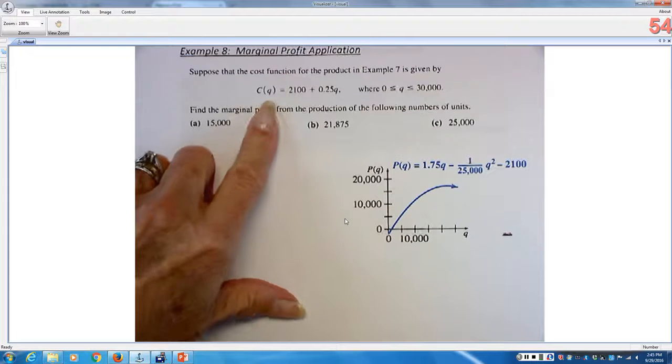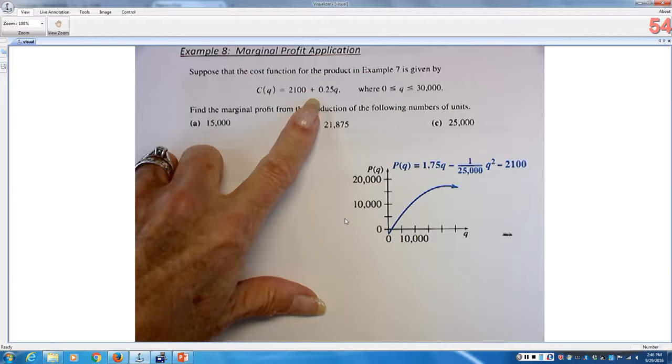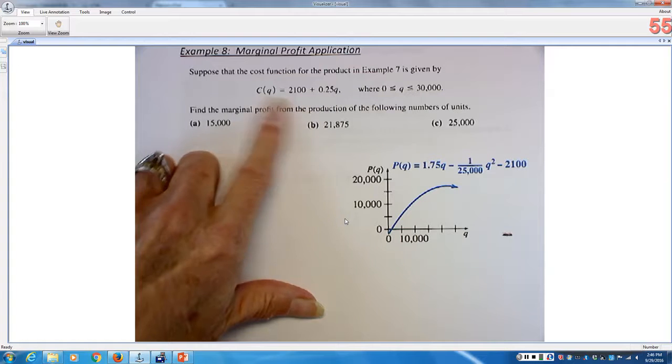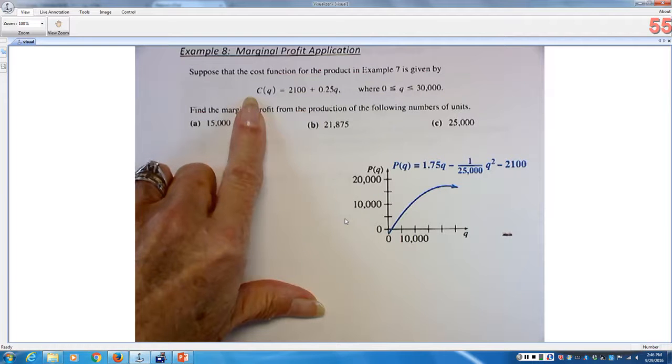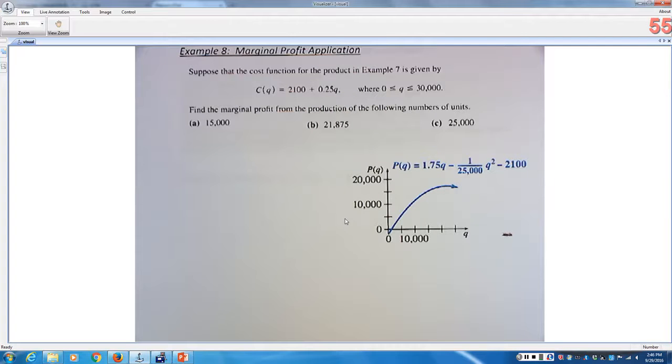It says, suppose the cost function in example 7 is given by C of Q equals 2100 plus 0.25Q. So what that means is C of Q is in dollars, because that's what the other quantities were in, and Q represents the number in 10,000s.